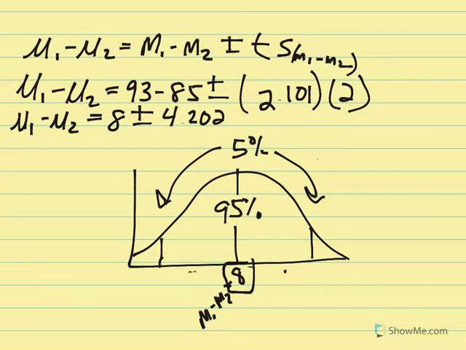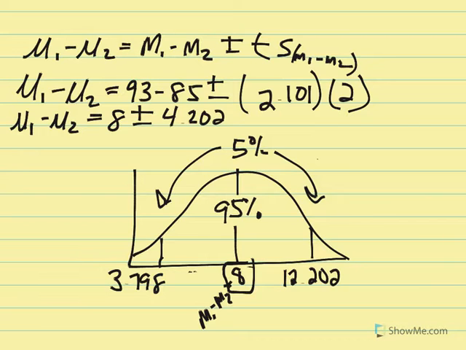So on the high end, we calculate 12.202. And on the lower end, again, 8 minus 4.202, we get 3.798.